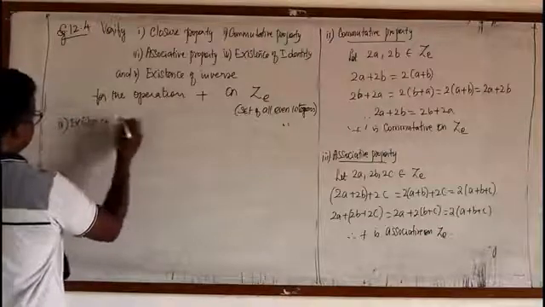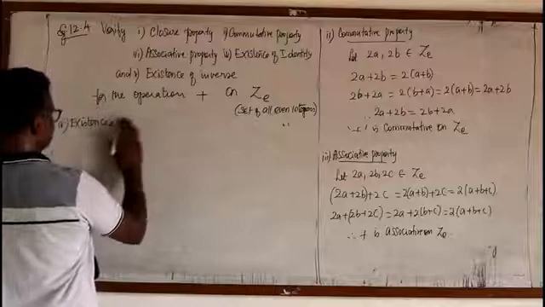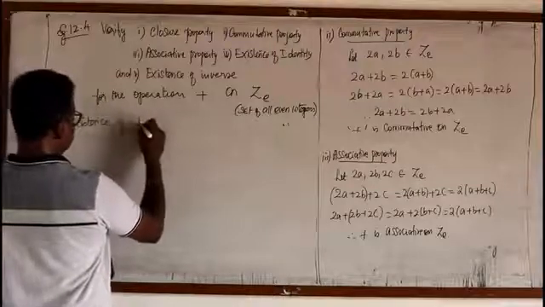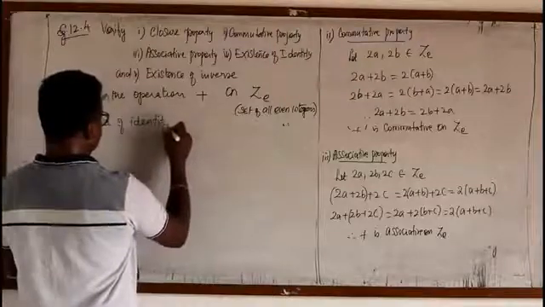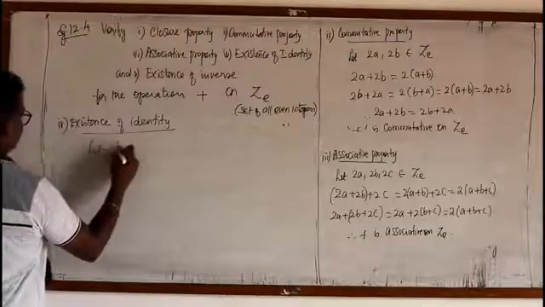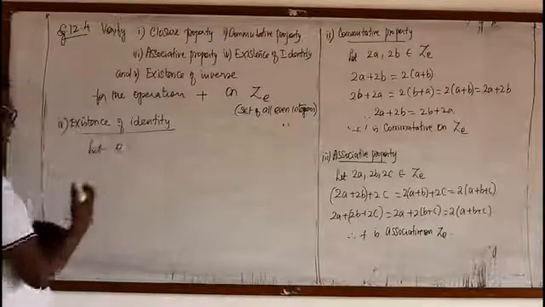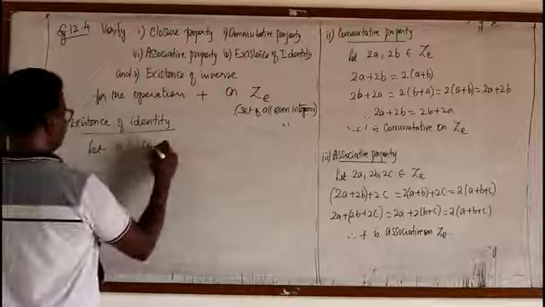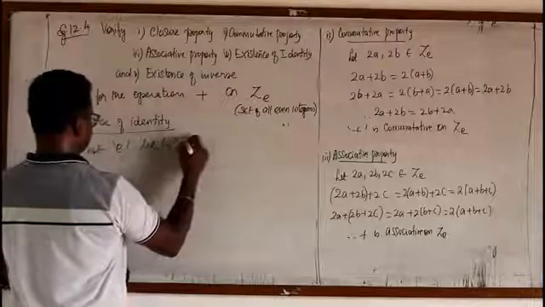It's not necessary that I take it as 2e, for the existence of identity. If we do not know what the identity is, we can take it as E. Let E be the identity element.